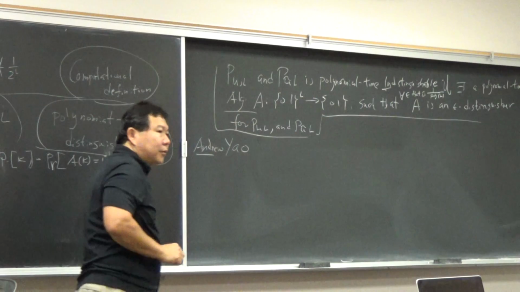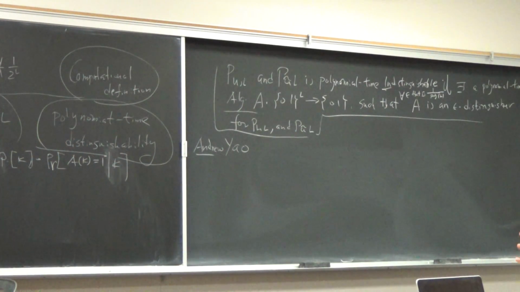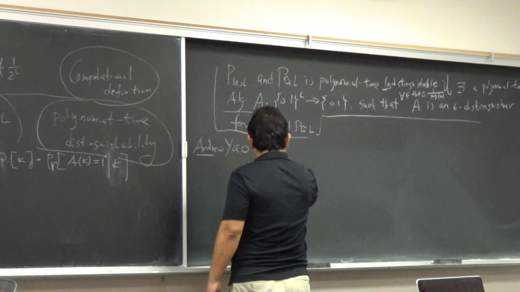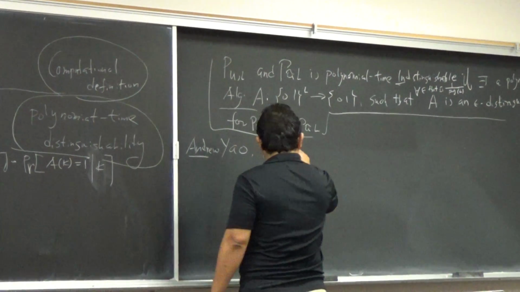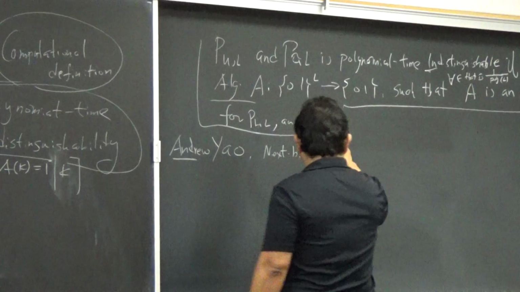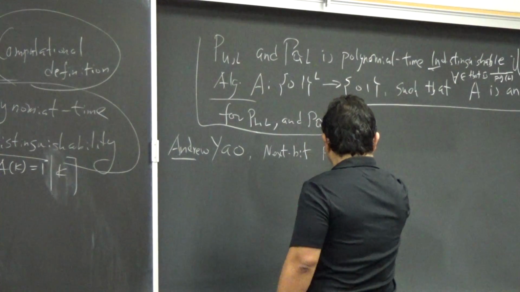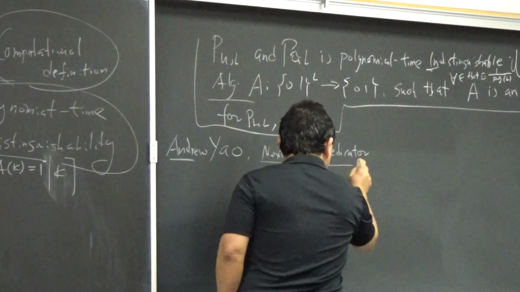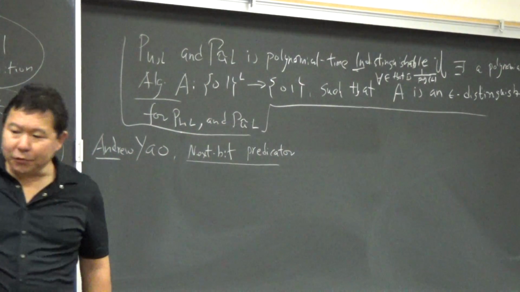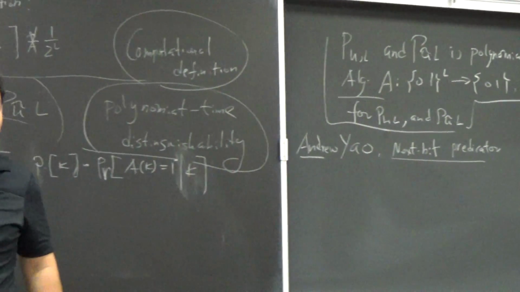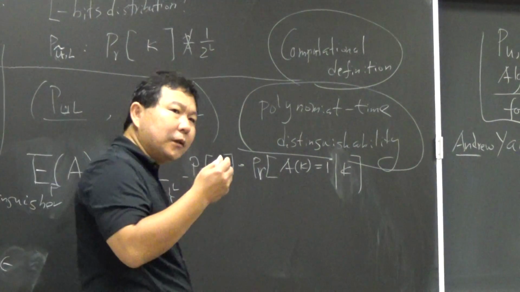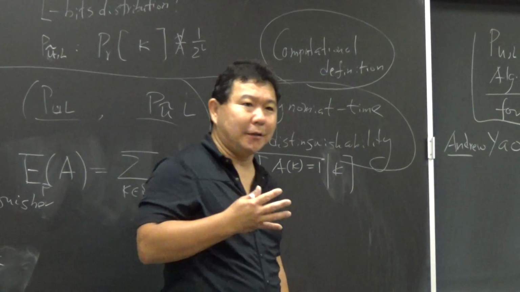So Yao noticed the following analysis. What he called the next bit predictor. He said, if you go to the statistical world, there's another way people analyze randomness. And we can also put the computational picture in it.